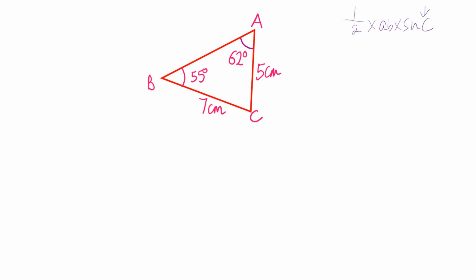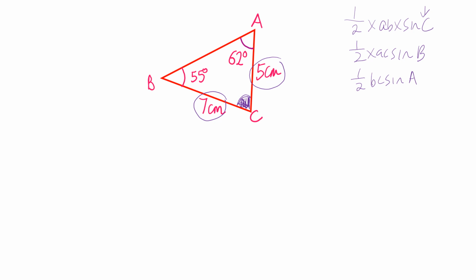The angle C must be in between sides A and B. And if you're using half times AC sine B, it means the angle B must be in between the sides A and C. Or if you use half times BC sine A, then the angle must be in between B and C. Right, so since we're given these two sides, 5 and 7, then the angle that I must use will have to be this angle here, ACB. It must be this angle. This is the angle that is in between your sides, 7 cm and 5 cm.